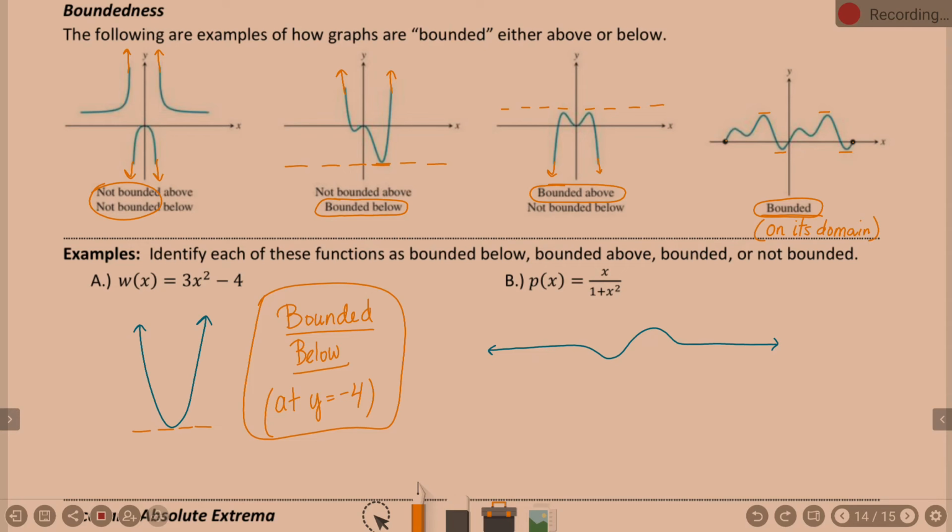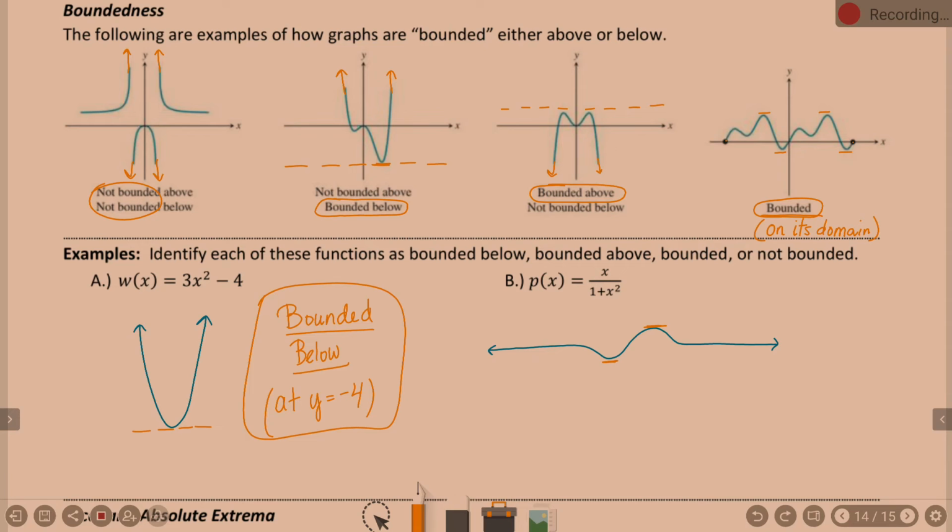Okay. Top of that bump there? Yeah. Is it ever going above that? No, because as it goes off to the sides, it's getting closer and closer to the x-axis. So if it's getting closer and closer to the x-axis, it's staying along 0. That's the highest point. Where's my lowest point? Okay. How about the valley?